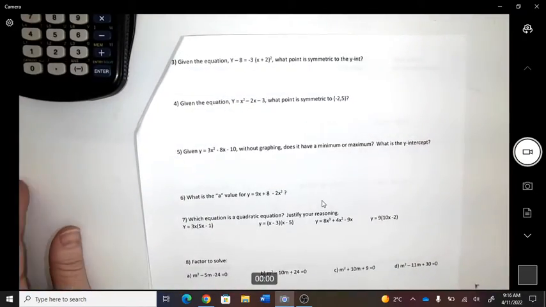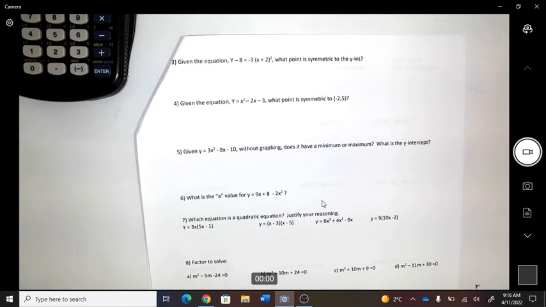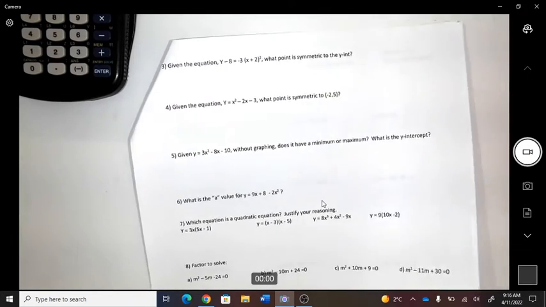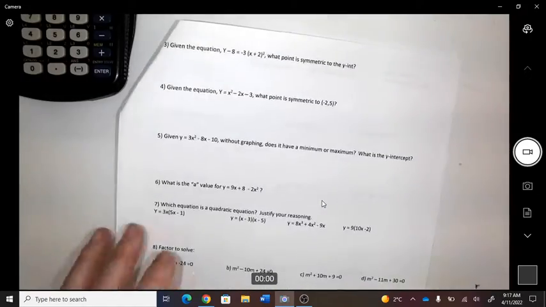given this equation, what point is symmetric to the Y-intercept? So this is the one on the other page there.